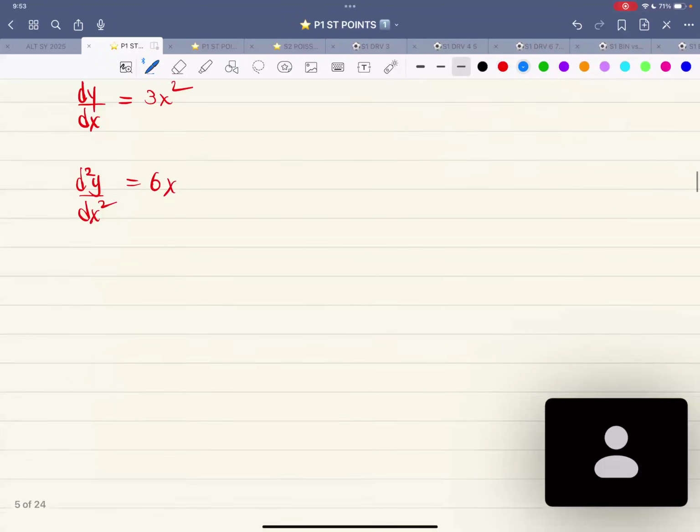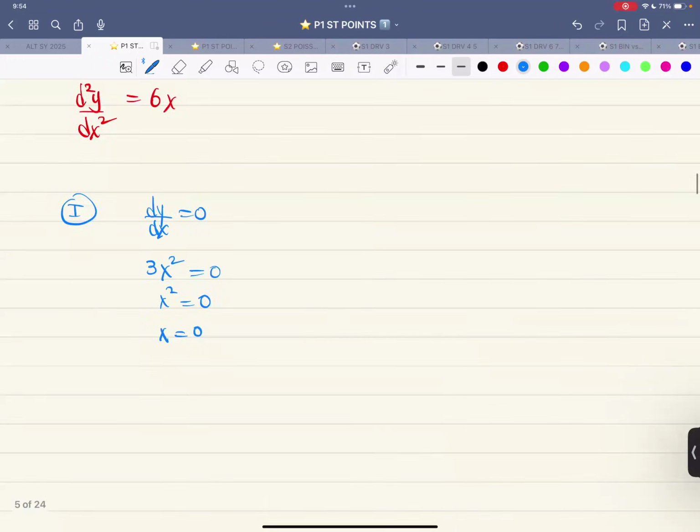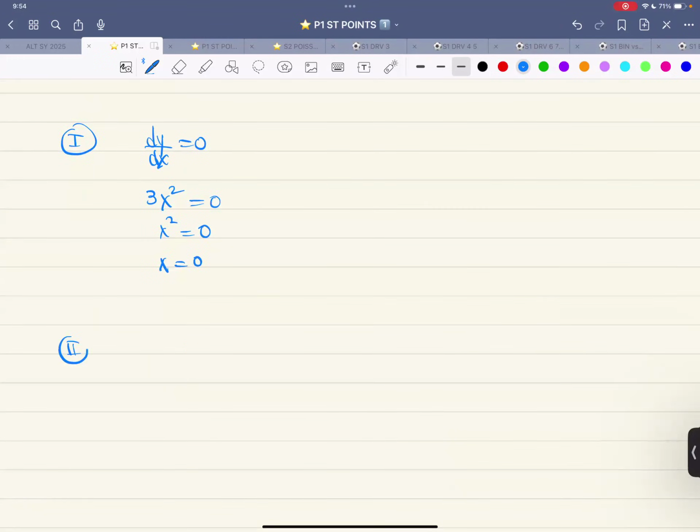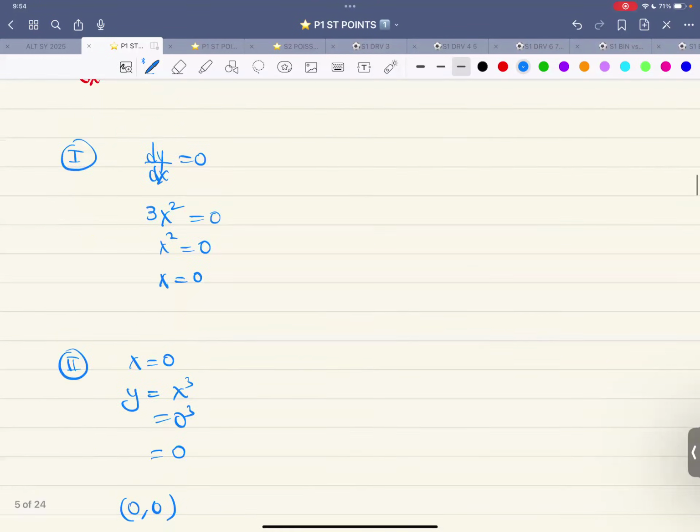Now, the first step is that dy by dx equals 0, 3x squared equals 0, x squared equals 0, therefore x is 0. Second step, when x is 0, y is x cube, y is 0 cube, which is 0. Therefore, we are talking about the origin.